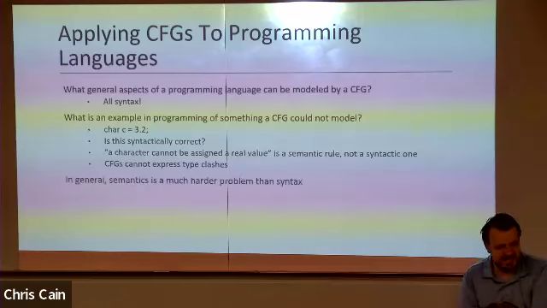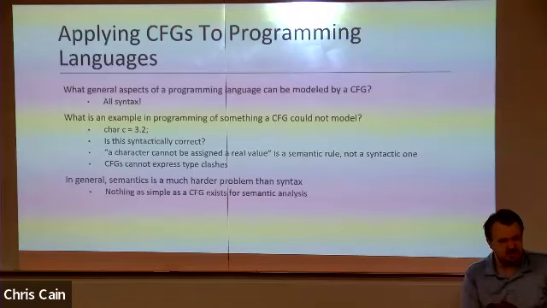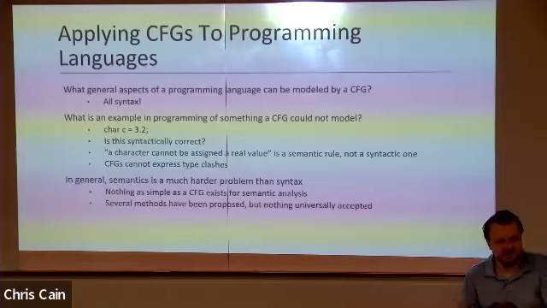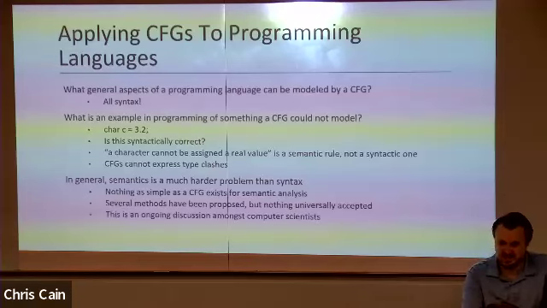Semantics is way harder than syntax, and syntax is hard by itself. But to be able to solve the semantics problem, we don't have anything as simple as the concept of a context-free grammar. There are several methods for looking at semantics, nothing universally accepted. And this is an ongoing discussion among computer scientists. How should we map semantics?